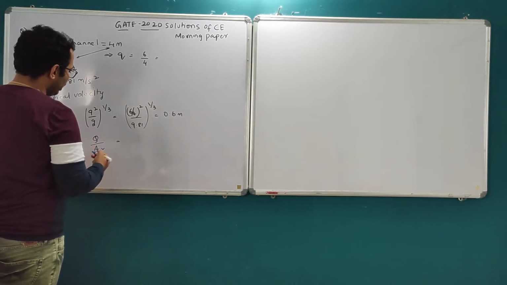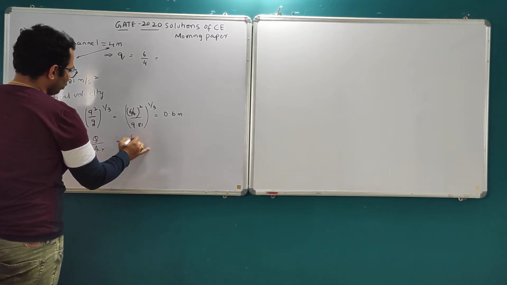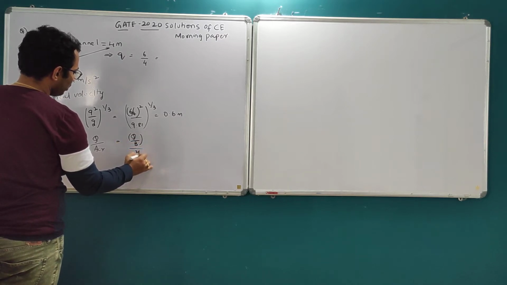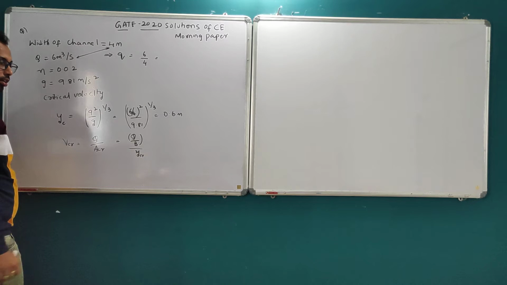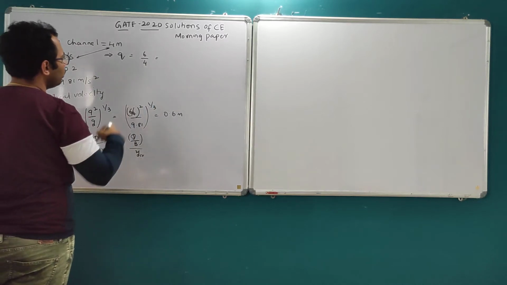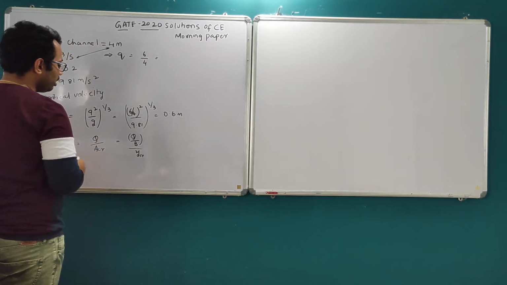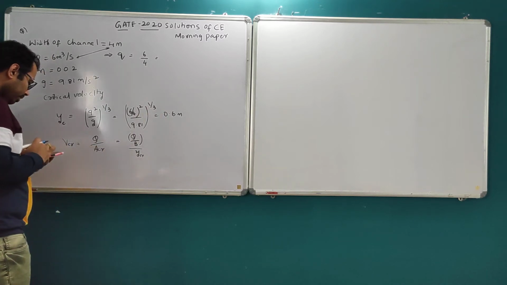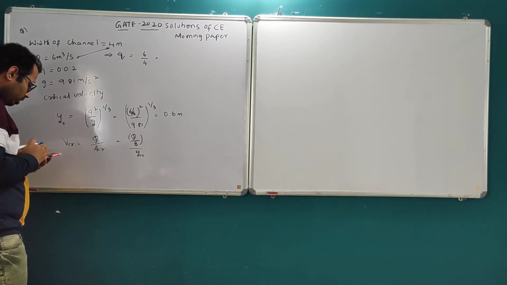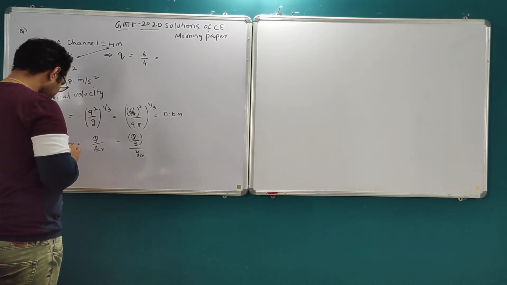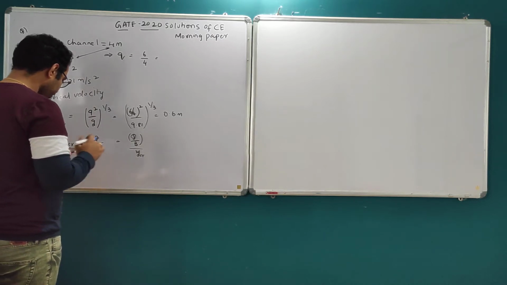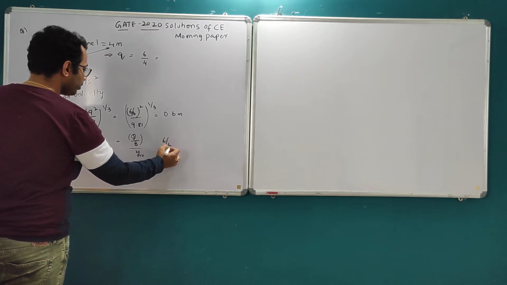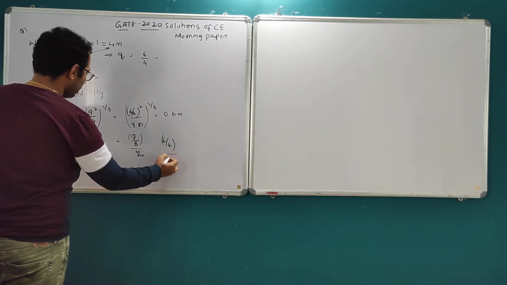So Q by A critical is nothing but q by Yc. So that means once you get this value 6 by 4, so the 6 by 4 by this value is the answer. 6 by 4 by 0.6 is the answer.